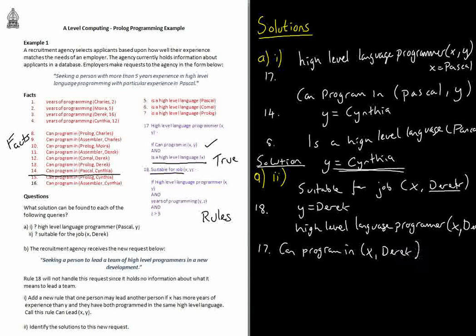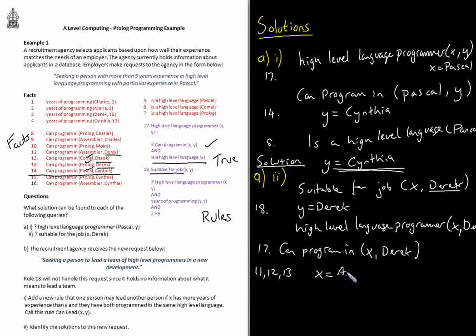Well, can program in with Derek, if we look here, look. So let's look at this one, and this one. That's clauses 11, 12, and 13. So clauses 11, 12, and 13 say that the value of X is going to equal either assembler, COML, or Prolog.